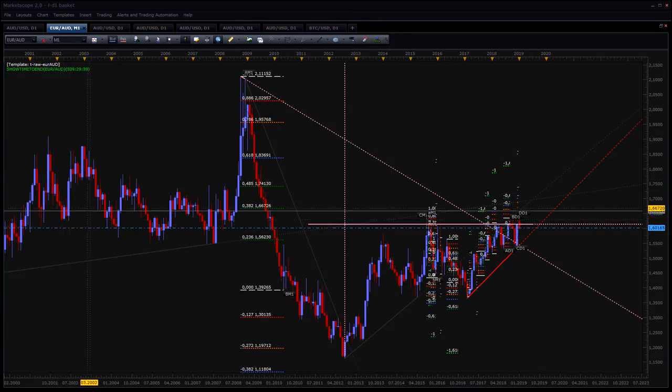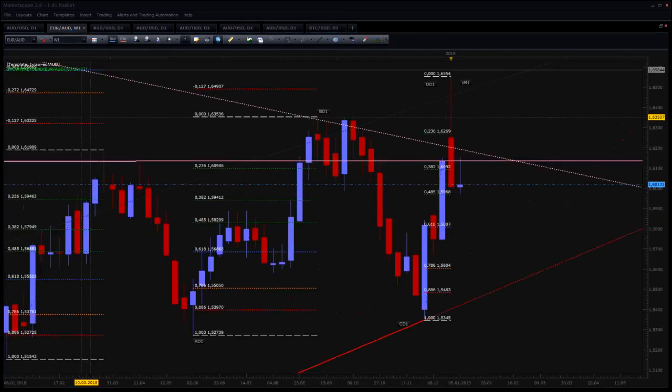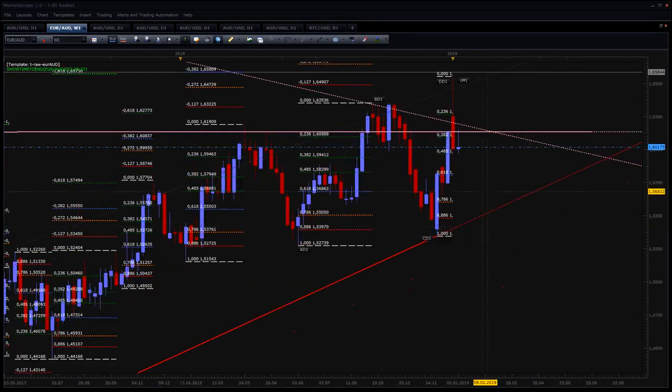So let's dissect this at a weekly and daily time frame. Maybe there's something that we can find. And see, this is a very strong rejection, bearish.